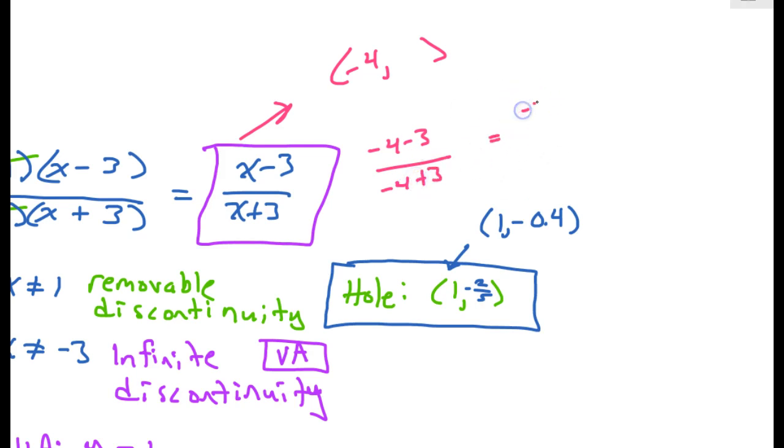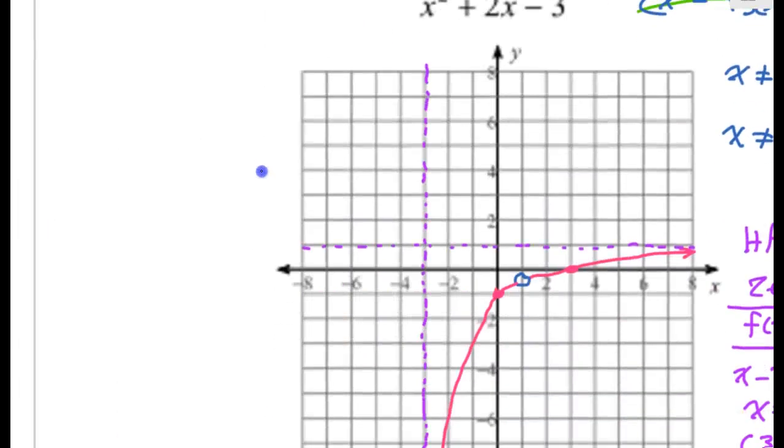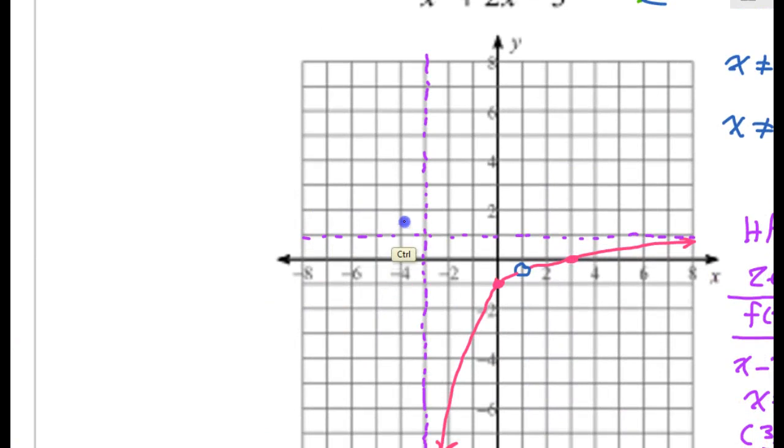So that's going to be -7 over -1. So that's going to be 7. So -4 comma 7 is a point on the graph. Okay, so let's plot that. So -4 comma 7 would be right here. So this is a point on the graph.